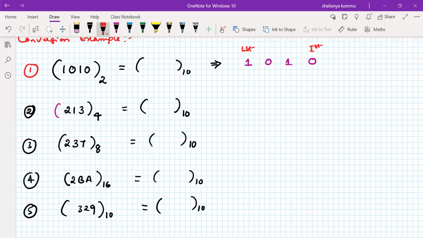For the first position, 0 is multiplied with its weight, 2 power, its radix is 2, right? Its position is the 0th position.